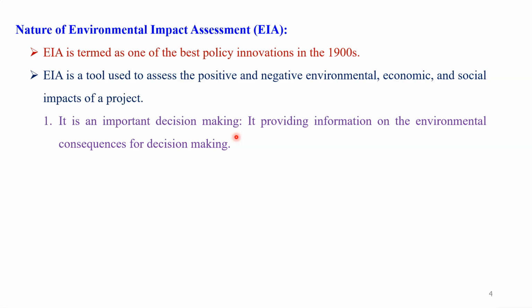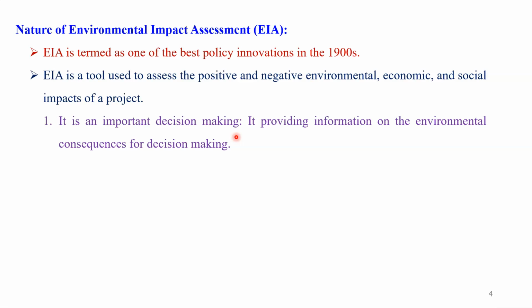When we carry out this environmental impact assessment, our final decision depends on our evaluation. If in that evaluation we observe a lot of side effects, negative effects on the environment, the ecosystem and human beings, then definitely to continue this project is not useful.